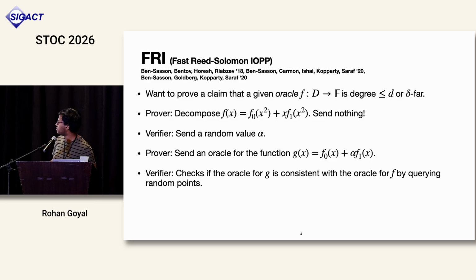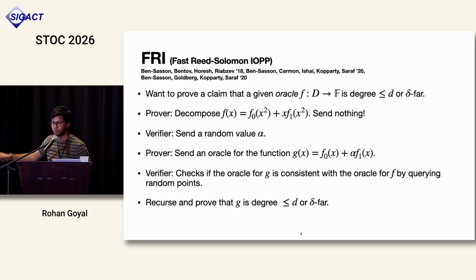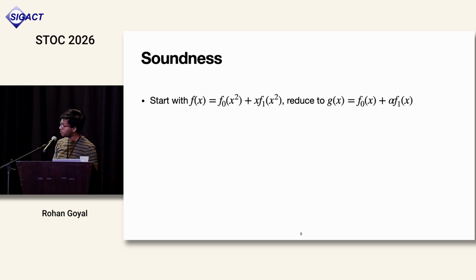And you check if the oracle is consistent with the original function by querying on a few points. And now you've proved that this function is degree d over 2, or far. So we started with f of x, which was this function, and we have reduced to such a function.